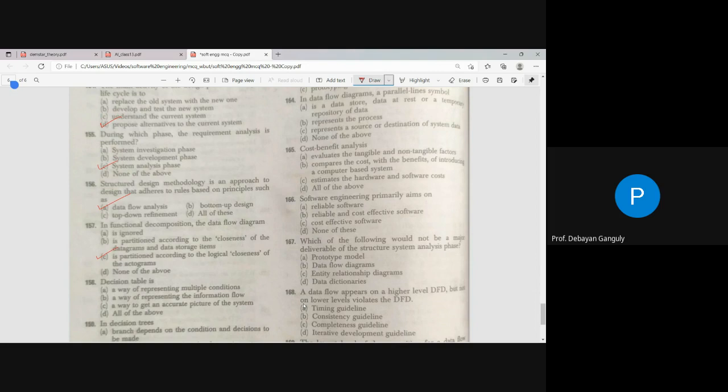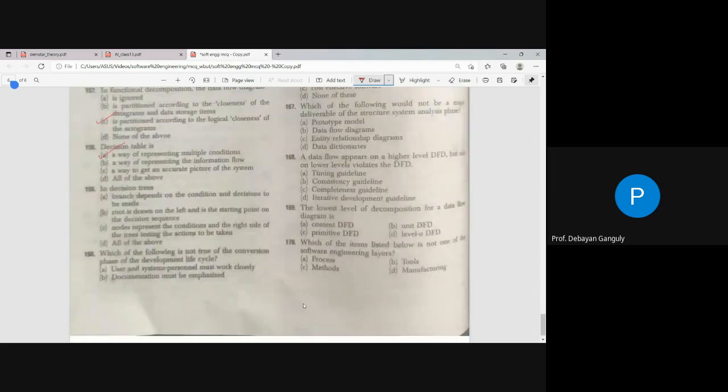158. Decision table is a way of representing multiple conditions. In decision tree, the root is drawn on the left and is the starting point of the decision sequence. Which one of the following is not true of the conversion phase of the development life cycle? That is nothing but the documentation must be emphasized.